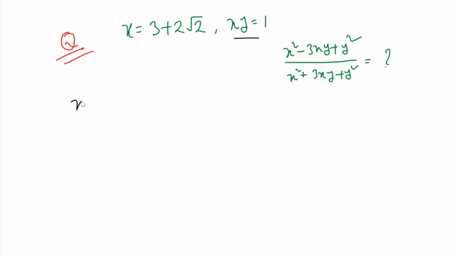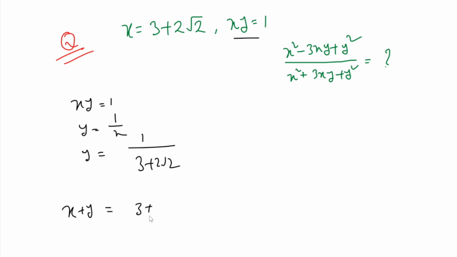So if xy equals 1, then the value of y will be 1 by x. Then the value of y would be 1 by 3 plus 2 root 2. Now from here we can find the value of x plus y, that is 3 plus 2 root 2 plus 1 by 3 plus 2 root 2.